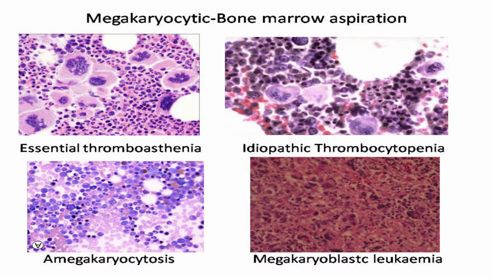Now, every book describes that in idiopathic thrombocytopenia there is a different morphology. I could not find much difference in that, really speaking. So this is essential thrombocythemia. We had a case, a young patient, 18 years, in an engineering college, who had bleeding from the gums.